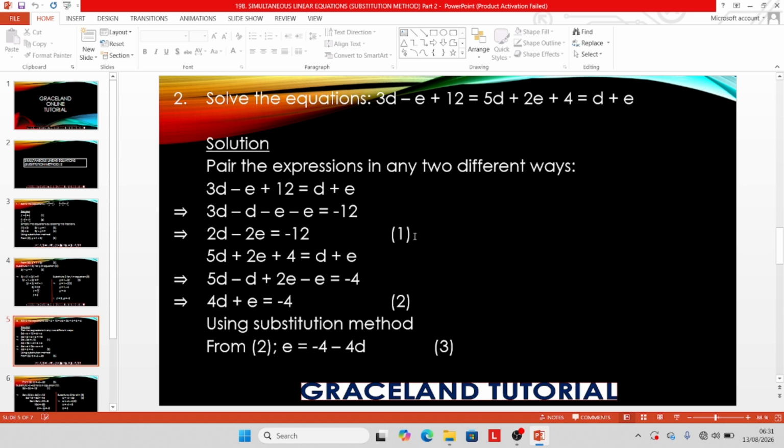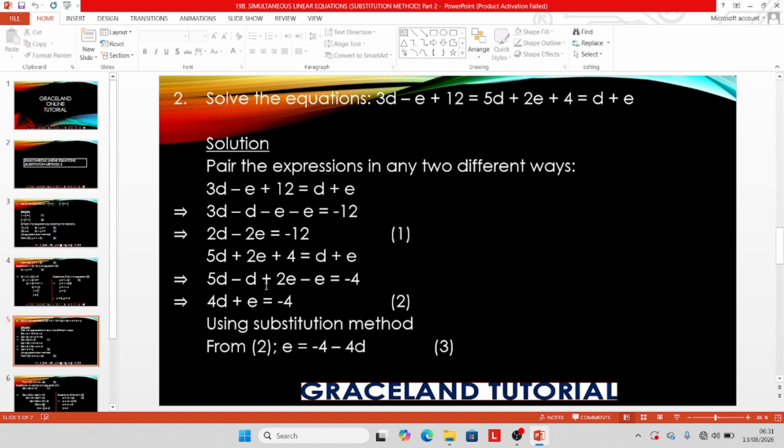Now let's form another expression. And that is 5d plus 2e plus 4 is equal to d plus e. Now let's simplify. 5d, okay? Move d from this side to the left hand side, and that will turn to minus d.